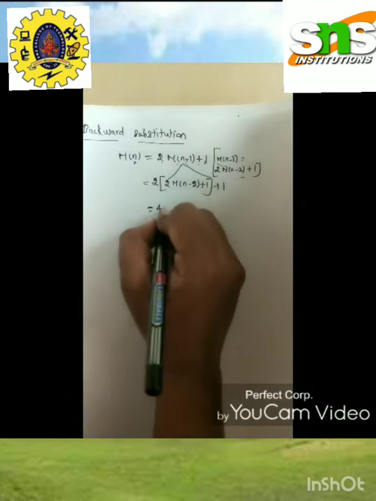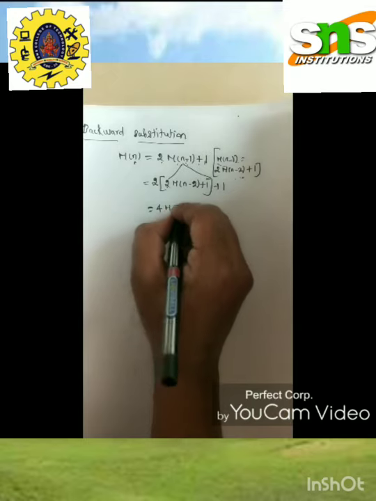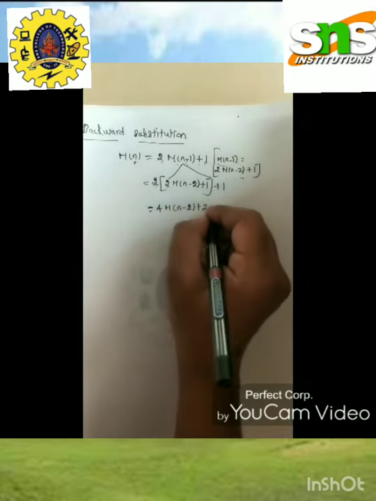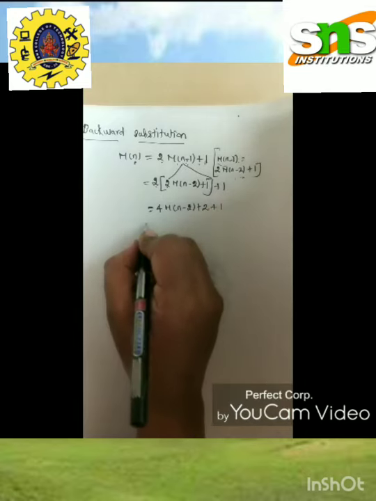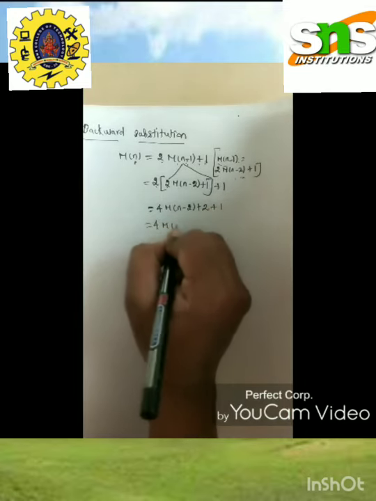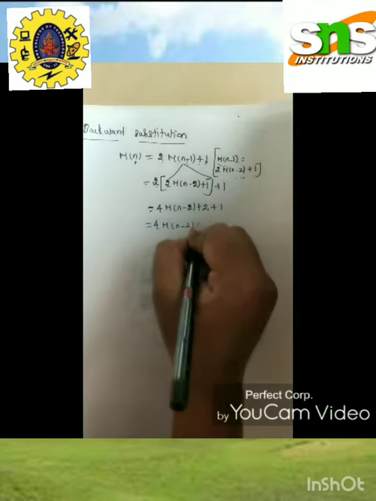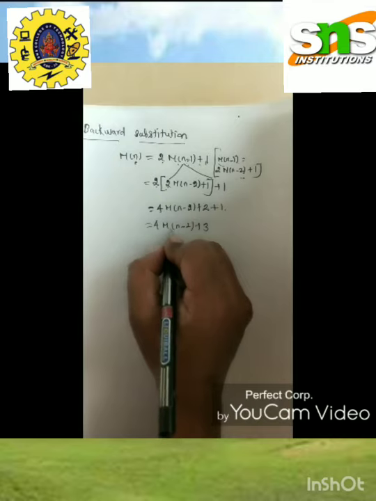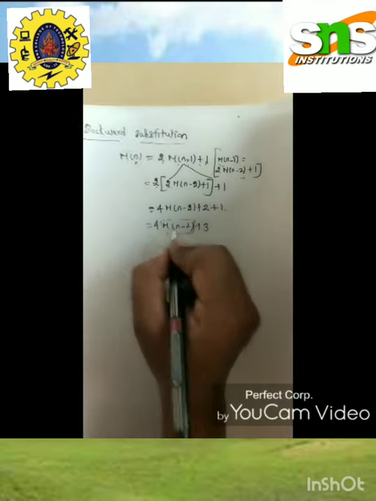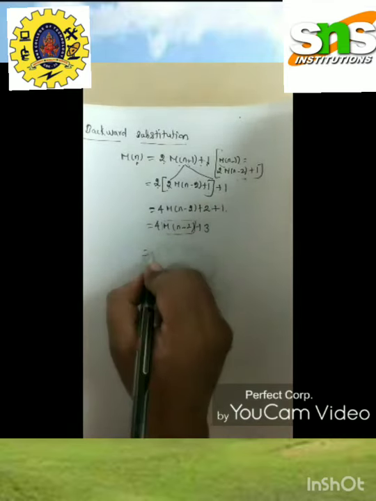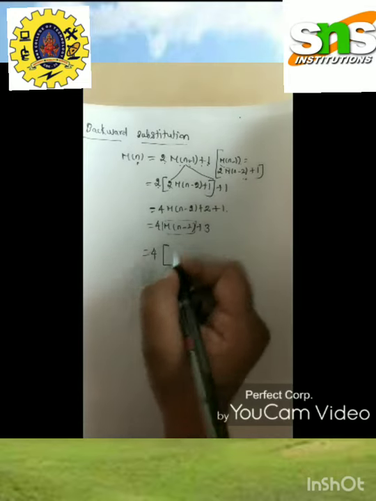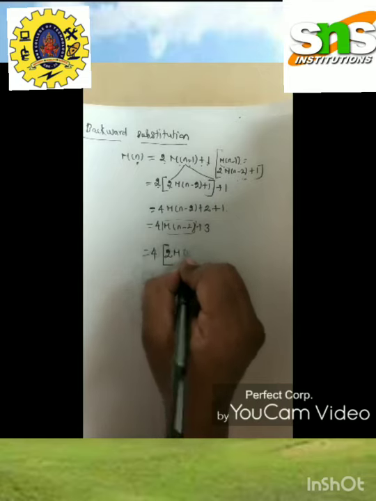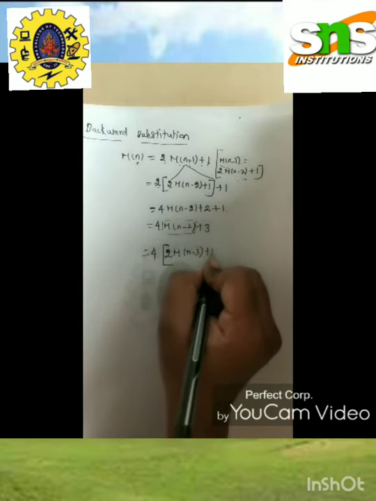Next I am going to simplify this. 2 into 2 is 4, so 4 into m of n minus 2, plus 2 into 1, 2, plus 1, which is 3. Again, I am going to substitute for m of n minus 2: 4 into 2 into m of n minus 3 plus 1.